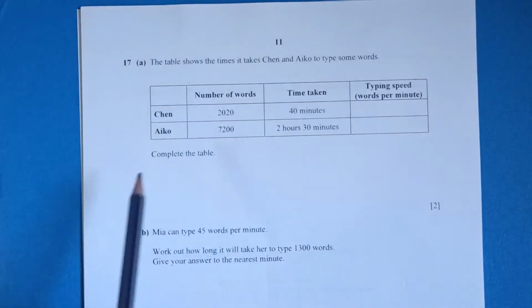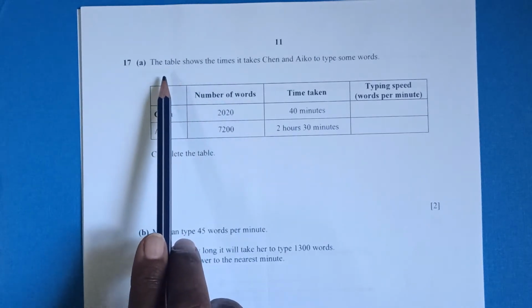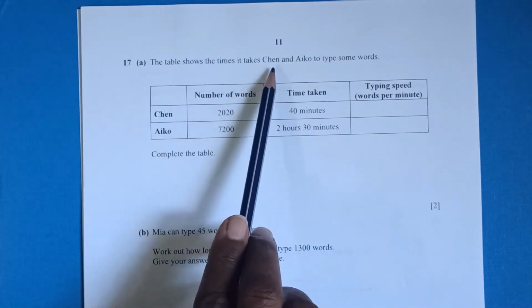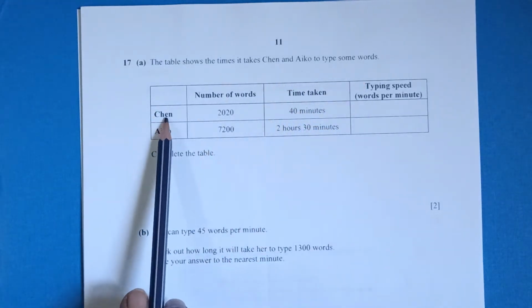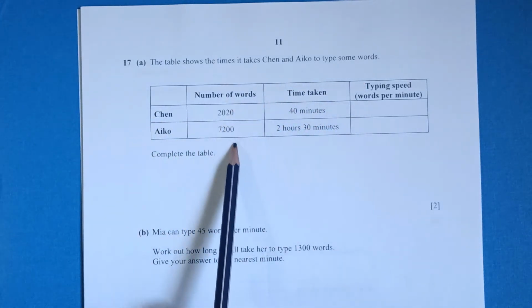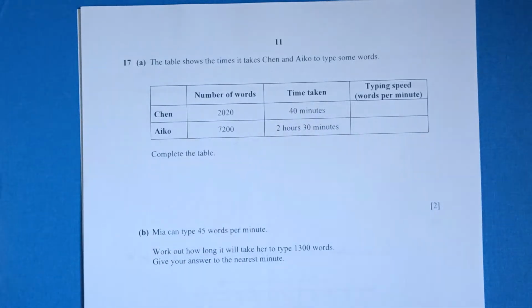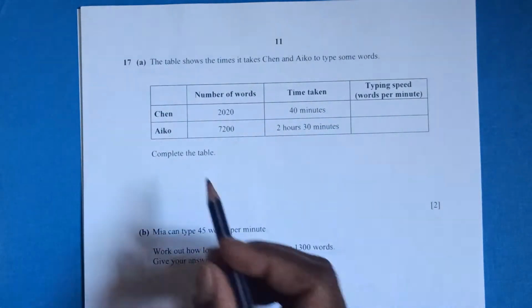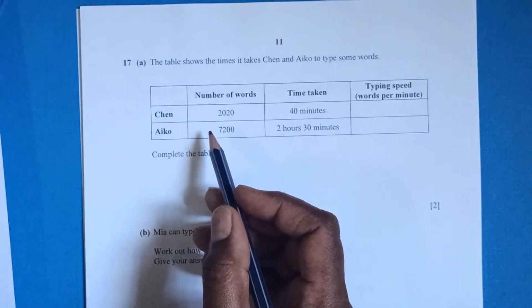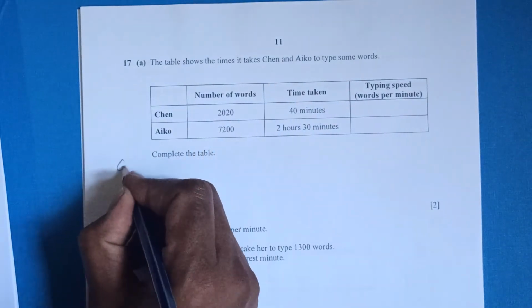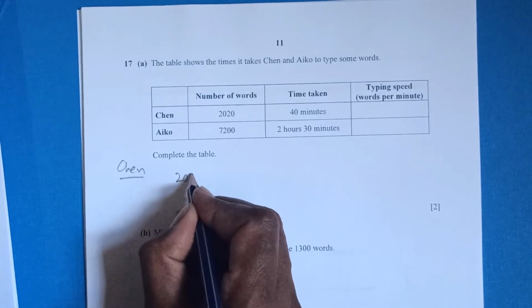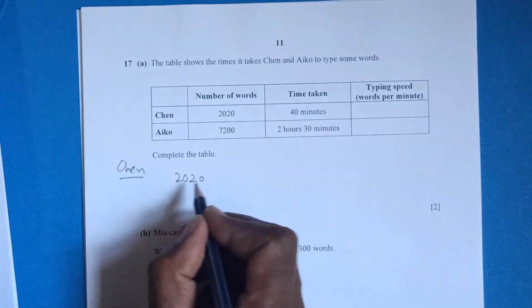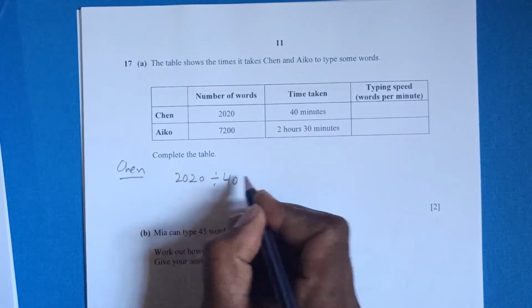Question 17, part A. The table shows the time it takes Chen and Aiko to type some words. This is Chen and Aiko's column. Number of words here, time taken, then typing speed, words per minute. So the first one for Chen, it is 2020 divided by 40.